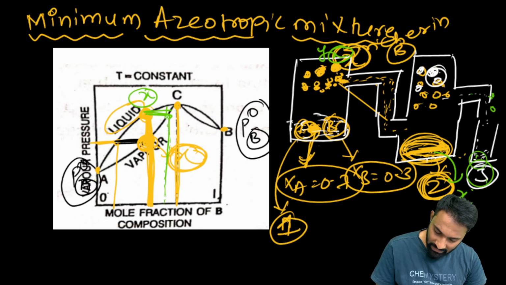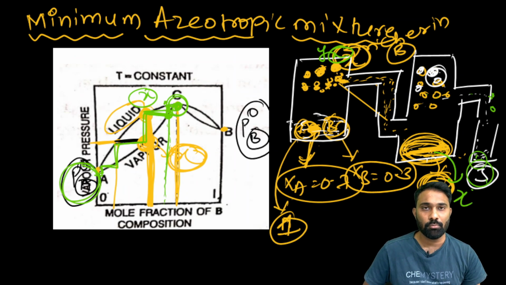From here, again if you go, you reach the azeotropic mixture, meaning we can separate out the pure azeotropic mixture. If you go from here, we get one pure component A. If you go along the graph in this manner, we get the azeotropic mixture. If you go along the graph in this manner, we get the pure component A.